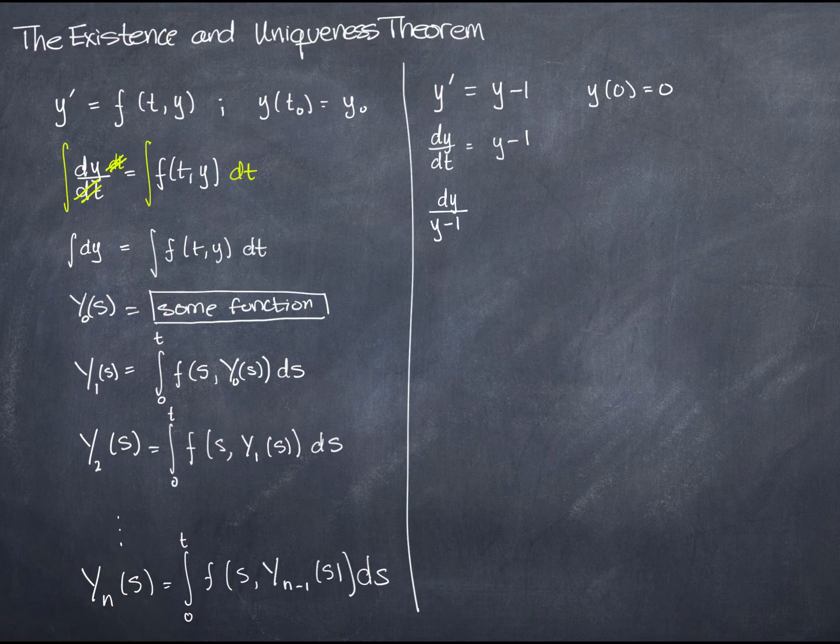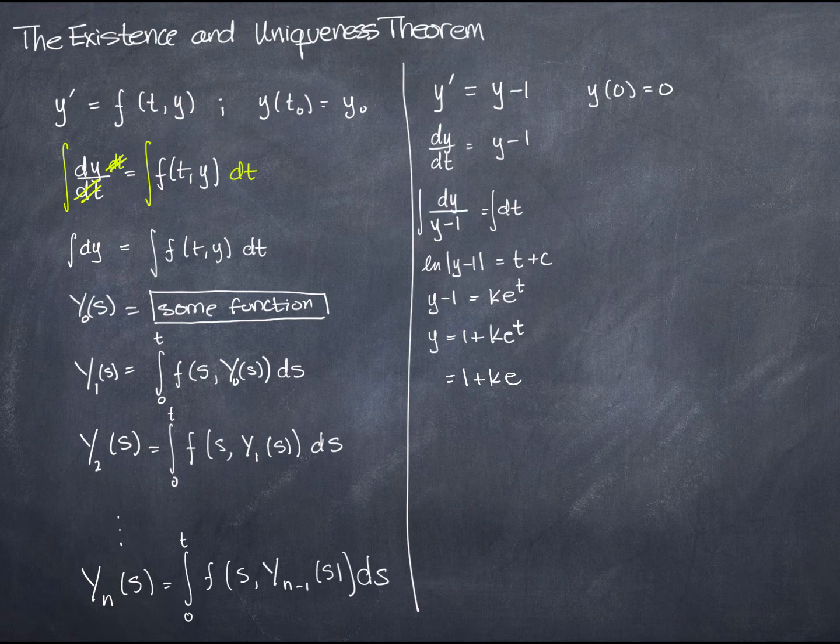So let's just very quickly work this out. This is dy over y minus 1 equals dt. When I integrate both sides, I get ln of y minus 1 equals t plus c. Exponentiating both sides gives me y minus 1 equals k e to the t. So y equals 1 plus k e to the t. And then if I plug in the initial conditions 0, 0, I get 0 equals 1 plus k e to the 0.